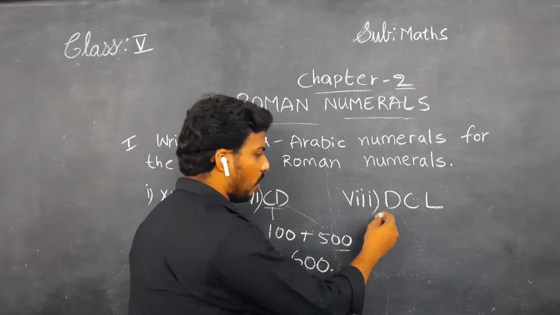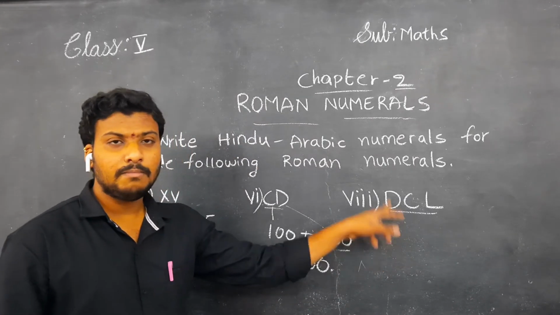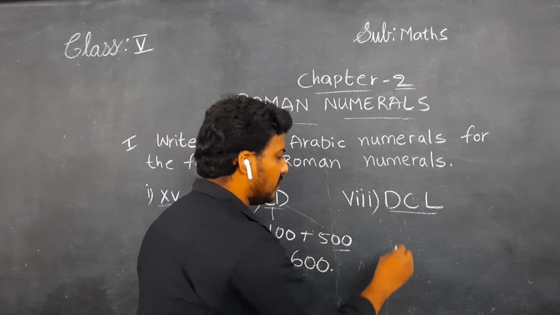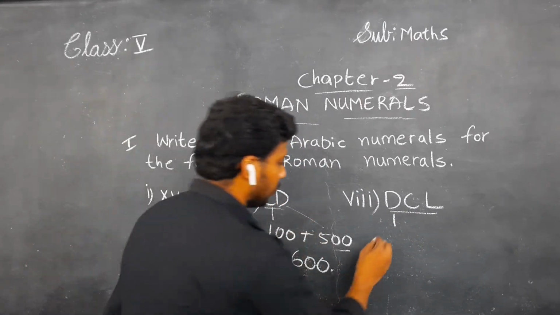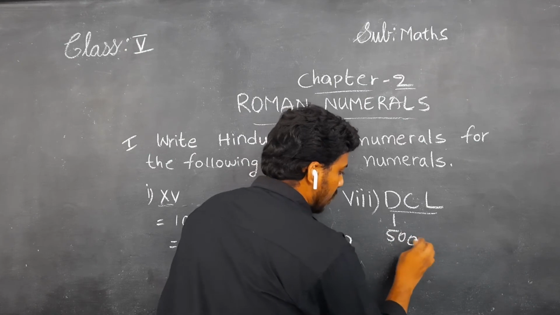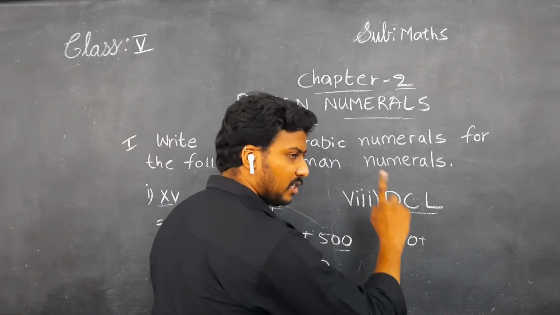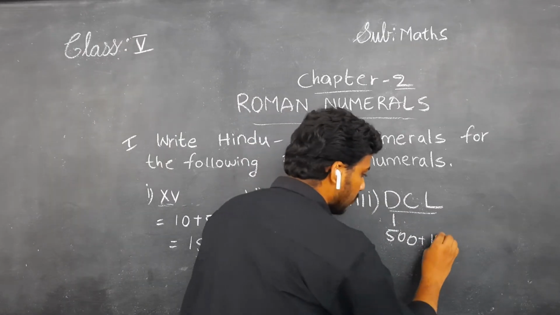Next, coming to the 8th one, here they have given 3 letters, and the first letter is D, children. The letter D represents one value. What is the value, children? 500. Next, plus the value of C, which is 100.